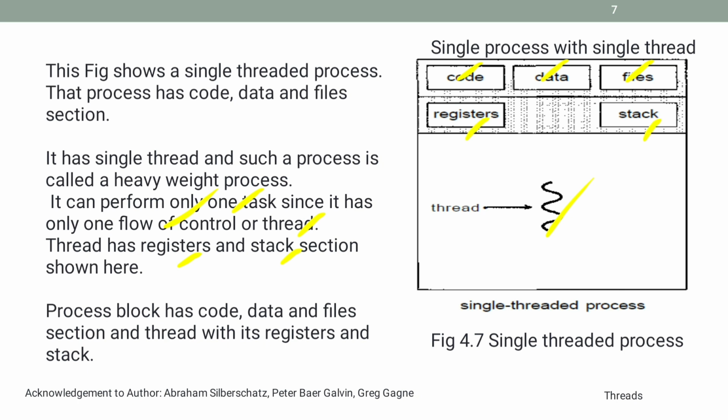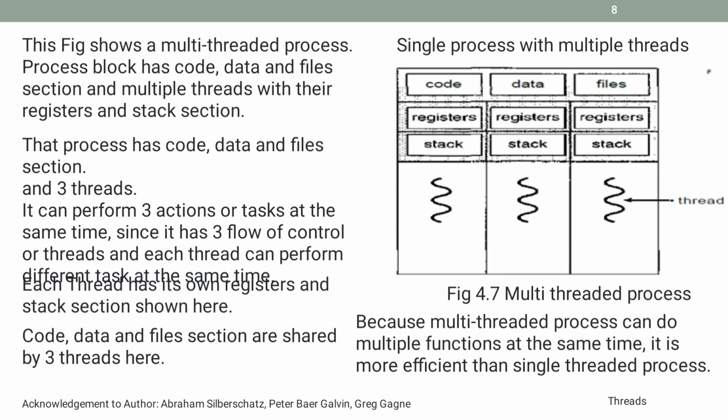One process block has code, data and file sections and a thread, along with its registers and stack. So when one thread is there, one task will be done by that process. Here this figure shows a multi-threaded process.